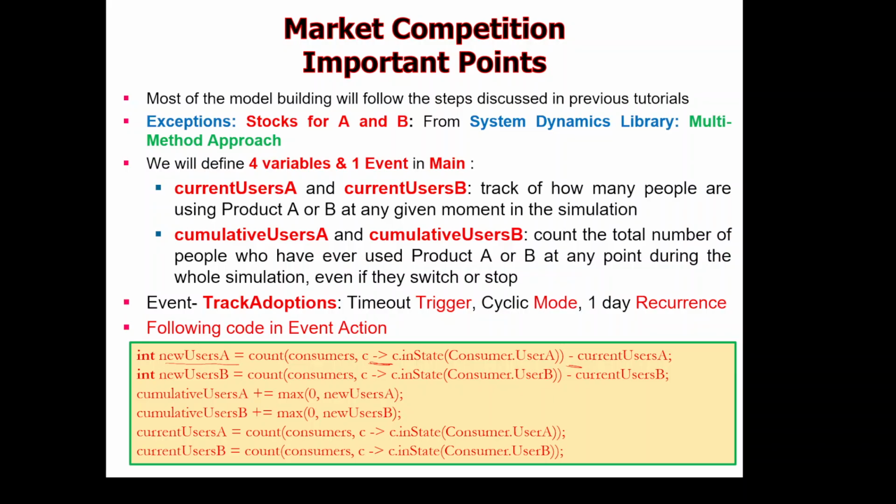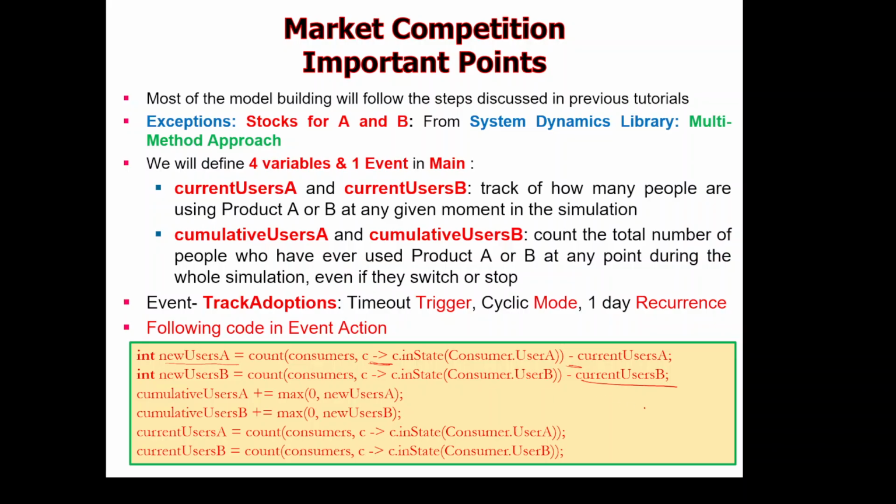So current user A serves as a baseline to calculate new user A. Similarly, we are going to calculate the new users of B by counting today's users and subtracting yesterday's current user B. And again we are going to use current user B to find new users B.